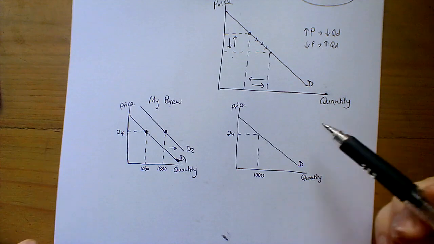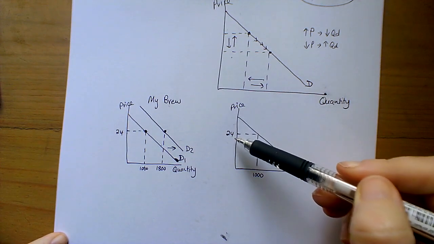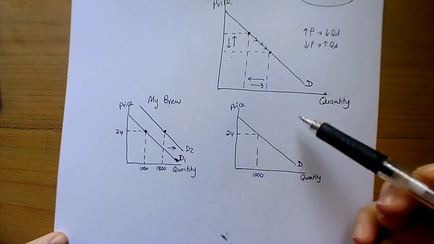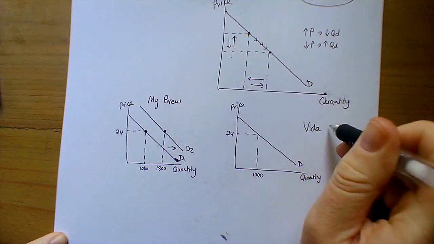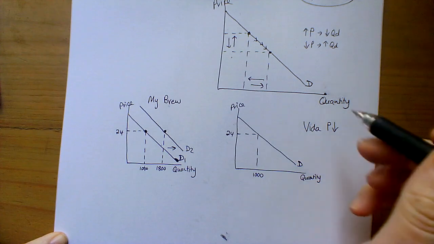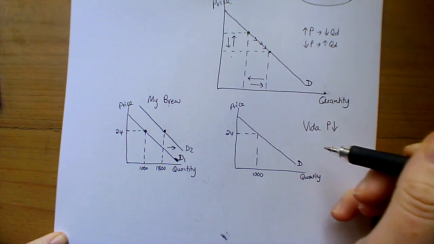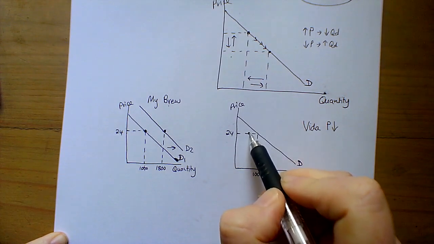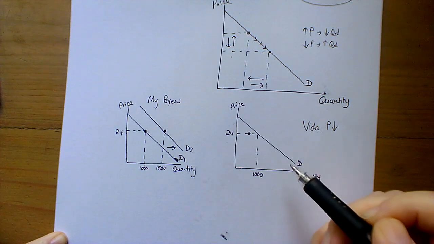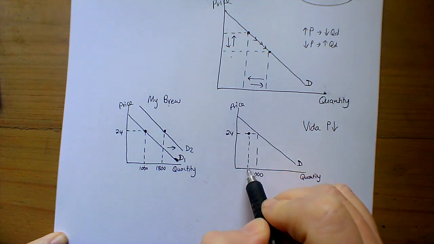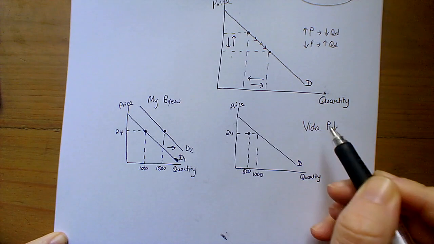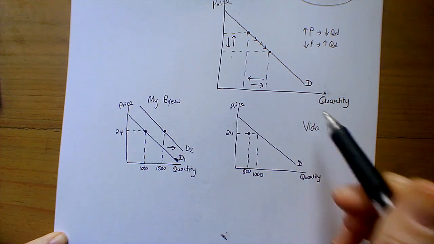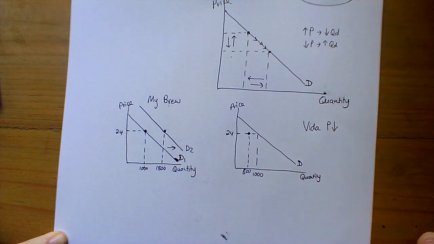So what we might find is that some people who would have purchased from MyBrew now choose to purchase from Vida because Vida's prices are lower and Vida is a competitor to MyBrew. So for the next week, at MyBrew's price of 24, they only sell 800 coffees because some of its customers moved to Vida in order to take advantage of the price decrease.